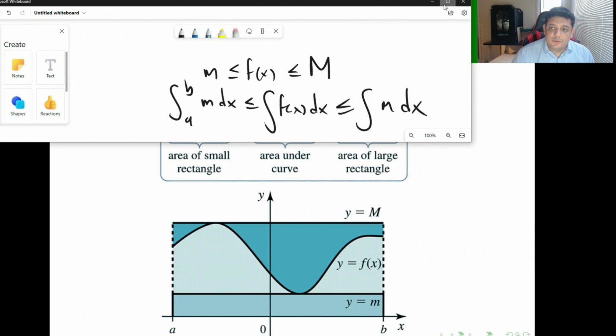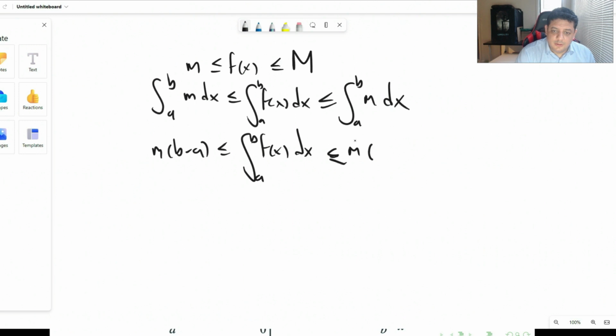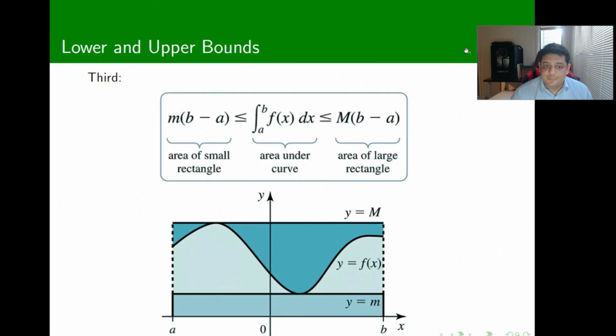Using antiderivatives, this is going to be m times b minus a, and so on, from a to b. Notice that b minus a is the length of the interval, so that's why it becomes like this.